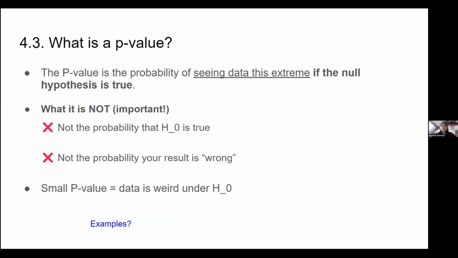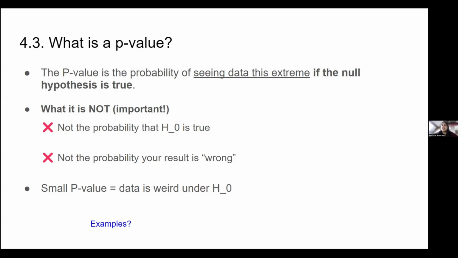So if you say that there is no effect of the drug, and you look at your data and you get a p-value, which is calculated, that is the probability of seeing such data given that the null hypothesis is true. It is not the probability that the null hypothesis is true, and not the probability that your result is wrong.